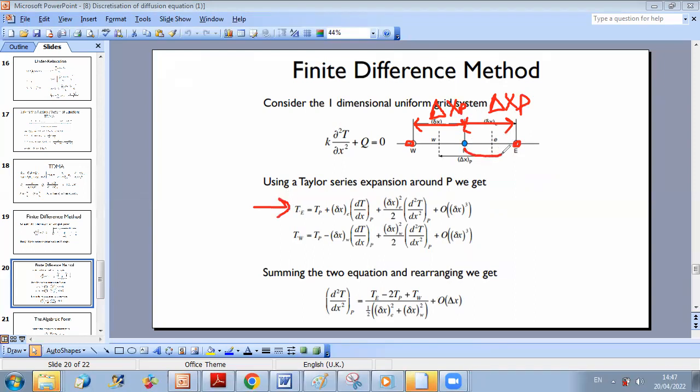Between P and E, you have a distance of delta x east, which is equal here to delta x because we are considering a uniform grid. So if we apply the Taylor series around P, we get TE equals TP plus delta x e times dT by dx plus delta x squared over 2 times the second derivative of T with respect to x, plus an error of order delta x cubed.